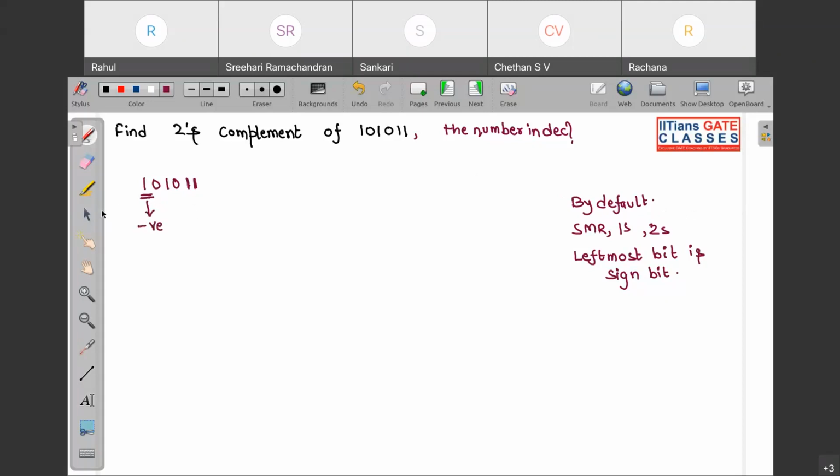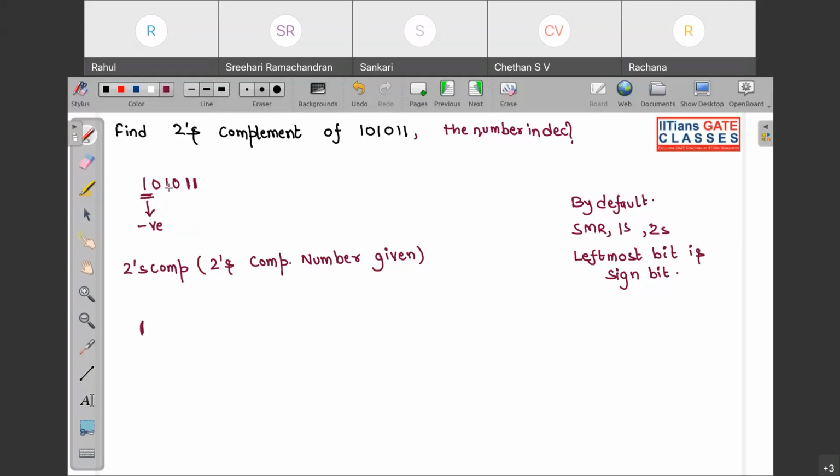If you want to get the original number, you are going to take the 2's complement of the given 2's complement number. How are you going to do that? First, keep the sign bit intact.